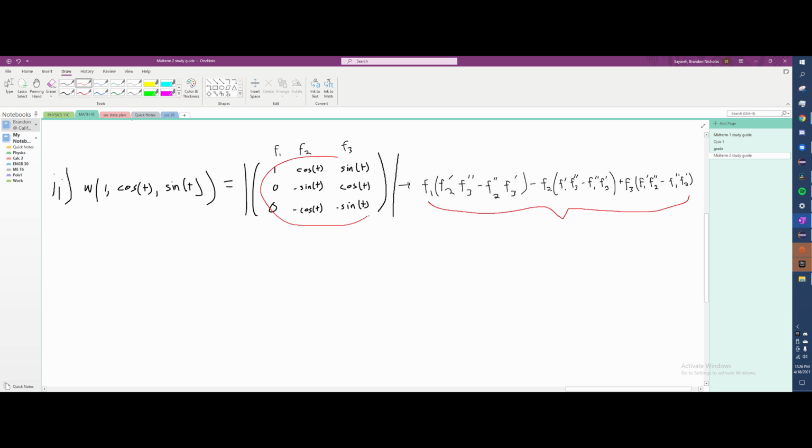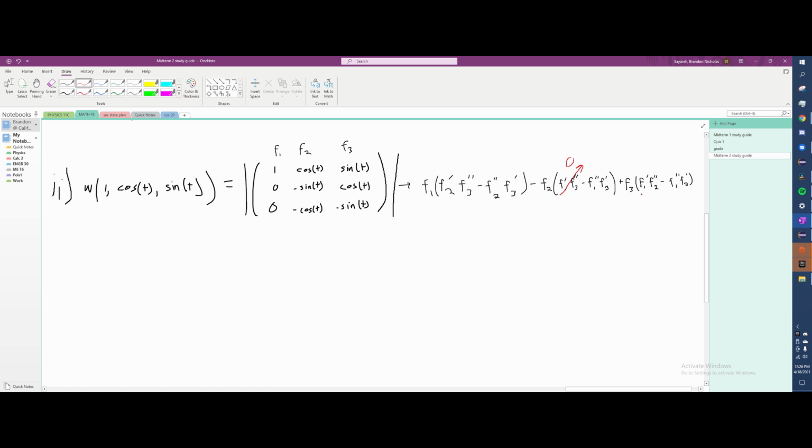All the values we need to plug in, we'll find here. What we can first do is look at these zeros. Both of them are in f1 prime and f1 double prime. If we find our f1 prime, which is here, we can cross this out because this is 0.